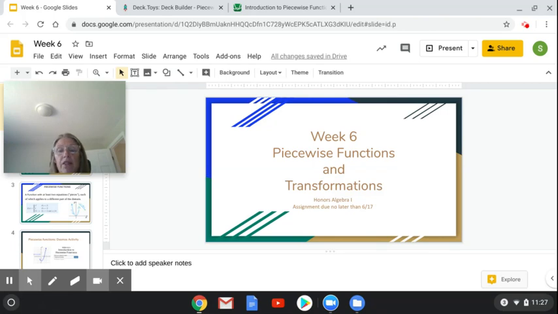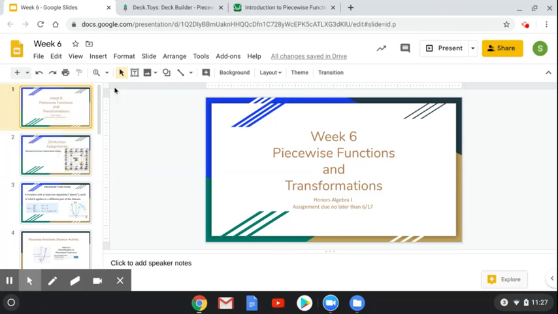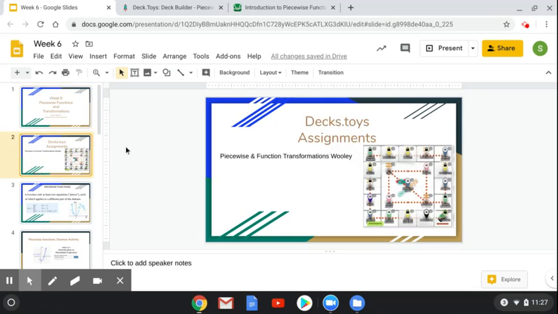I want to remind you that this assignment is due no later than June 17th. This assignment is on Dextot Toys, and it is titled Piecewise and Function Transformations Woolly.